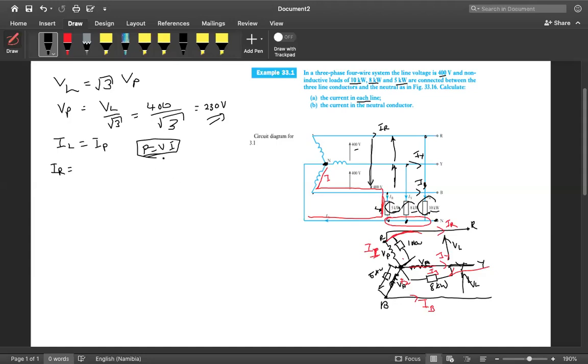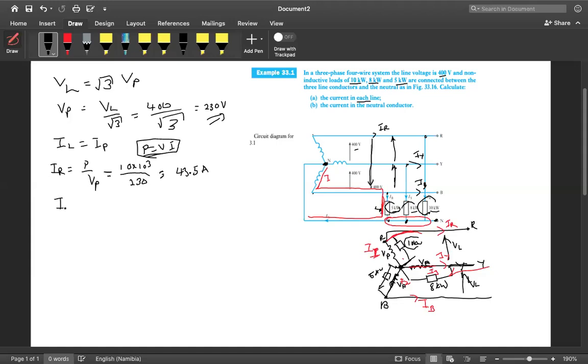Our loads are purely resistive. So my IR is going to be the power divided by the phase voltage. For R, we are connecting 10 kilowatts, so it's 10 times 10 to the power 3 divided by 230. If we simplify this, we get 43.55 amps. So that's IR.